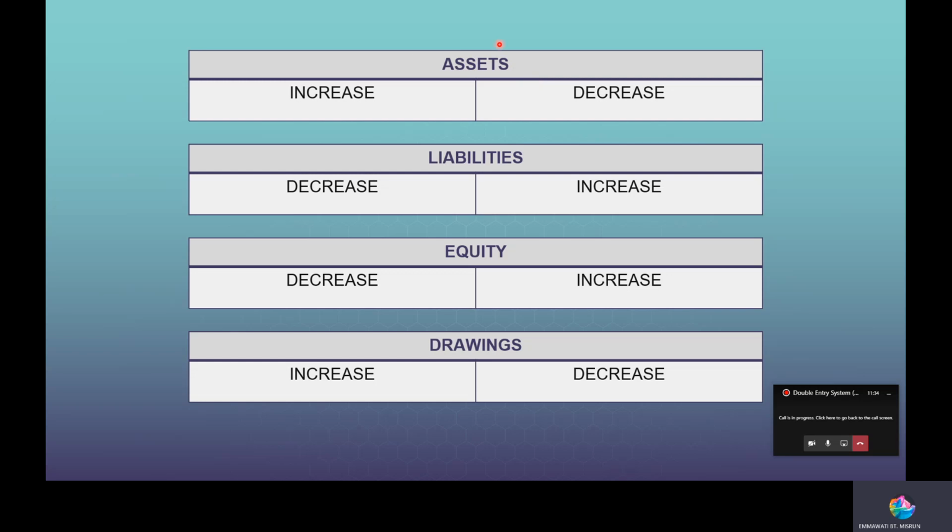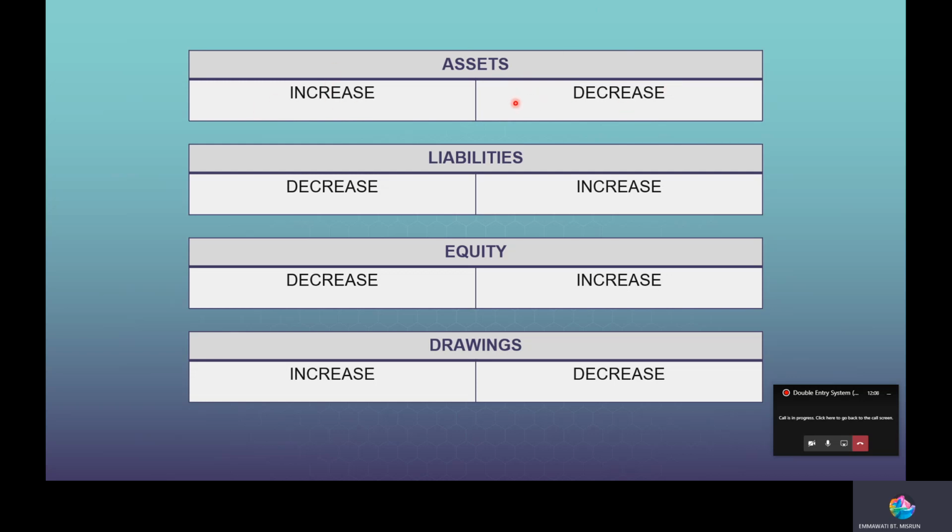Okay, let's look at the asset first. This table is representing your asset account. You can see here, this is the version of T accounts. This is a big T here. This is going to be the name of your asset account, and your debit is here and your credit is here.